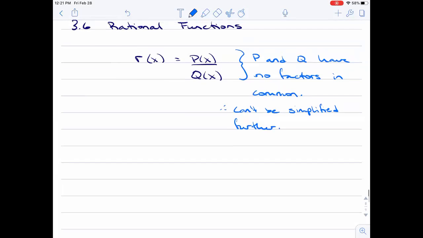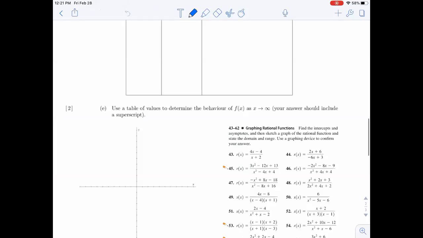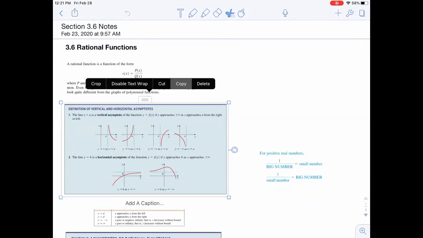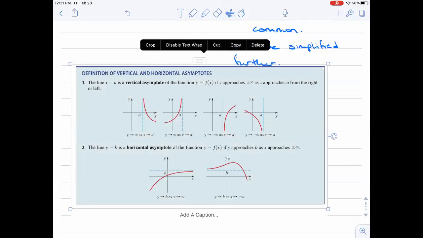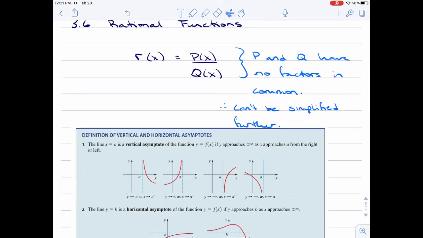Yeah. So just stealing these boxes from the handouts that you've got. Let's talk about some asymptotes. What's going to happen is, we've talked about the domain of a function, right?